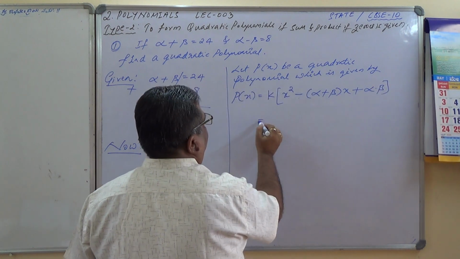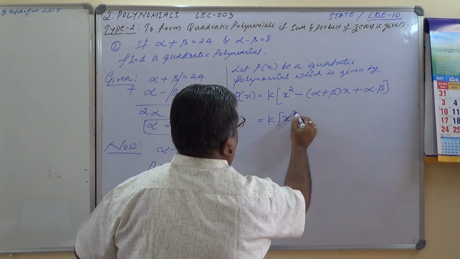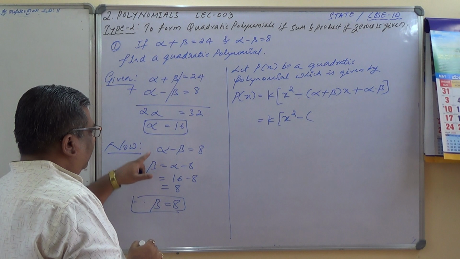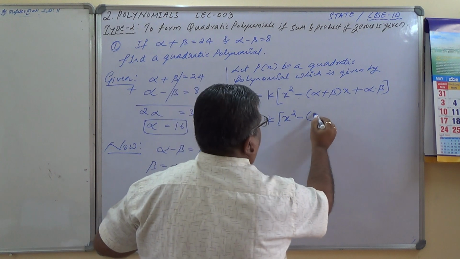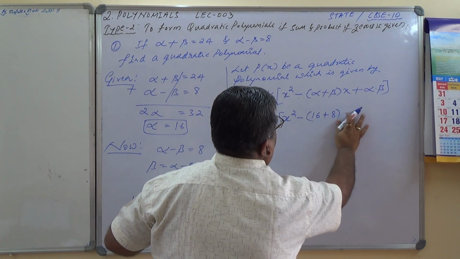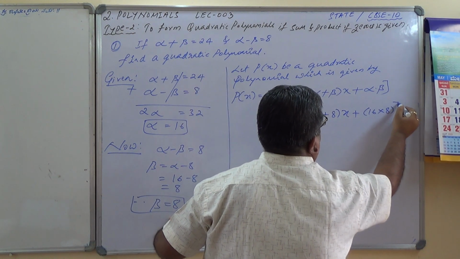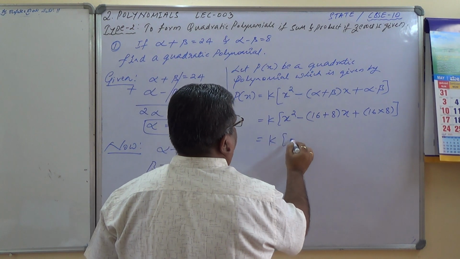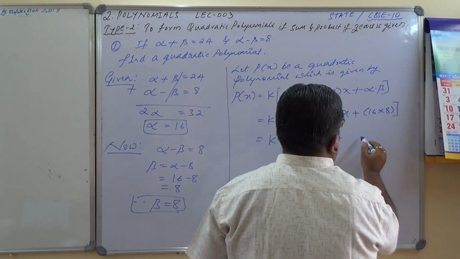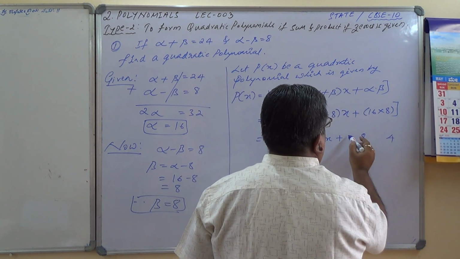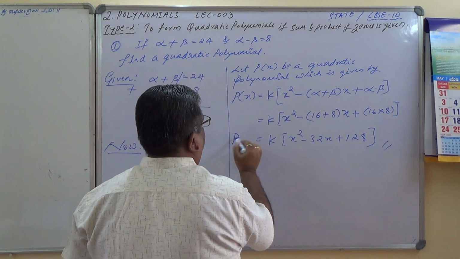This is a quadratic polynomial. K times x square minus alpha plus beta. Alpha is 16, beta is 8, so alpha plus beta is 16 plus 8, times x plus alpha into beta is 16 into 8. Therefore k x square minus 32x plus 4. So this is the quadratic polynomial which we have found out.